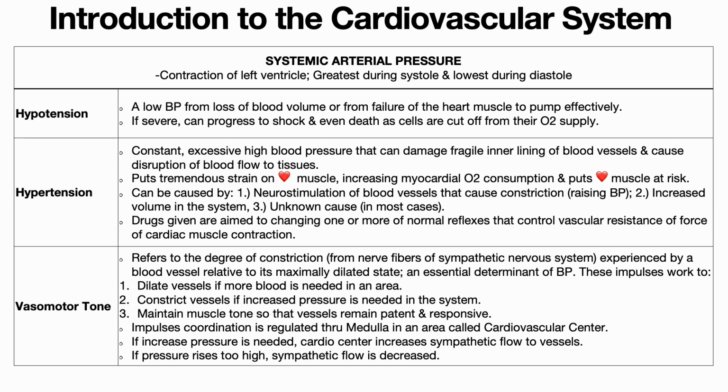Vasomotor tone impulses coordination is regulated through medulla in an area called cardiovascular center. If increased pressure is needed, cardiocenter increases sympathetic flow to vessels, and if pressure rises too high, sympathetic flow is decreased.